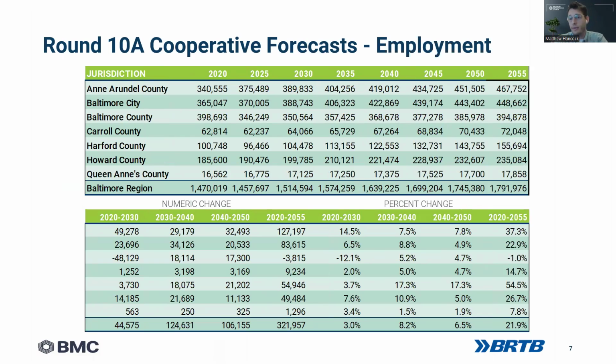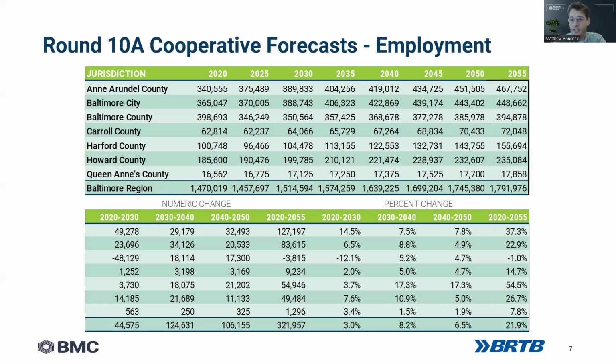So moving on to employment, you'll see that the largest numeric increase between 2020 and 2055 is expected again in Anne Arundel County, where an additional 127,000 jobs are forecasted. Anne Arundel in the base year 2020 is ranked third in total employment, and by 2050 and through 2055, that forecast job growth moves Anne Arundel County into first rank, ahead of Baltimore City and Baltimore County.